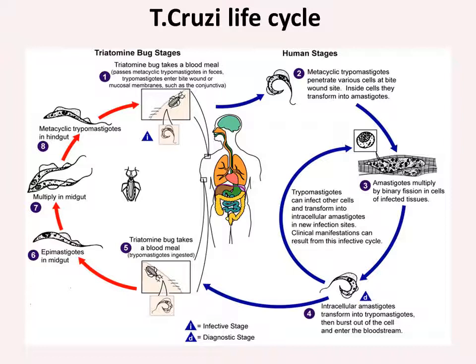Following entry into the host, trypomastigotes invade surrounding cells, where they transform to the non-flagellate amastigote form.